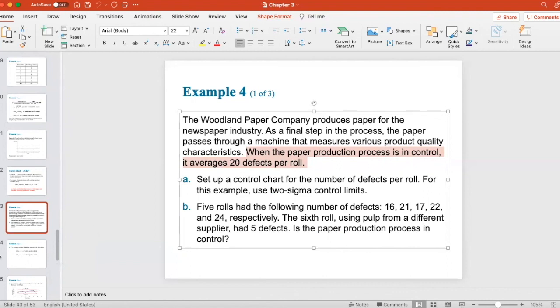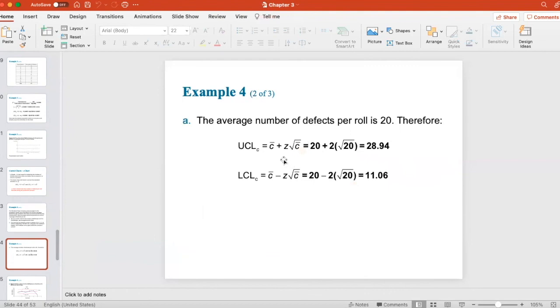When we try to get the corresponding UCL and LCL, the average number of defects per row already represents C bar itself, because C bar represents the average number of defective parts within every product.